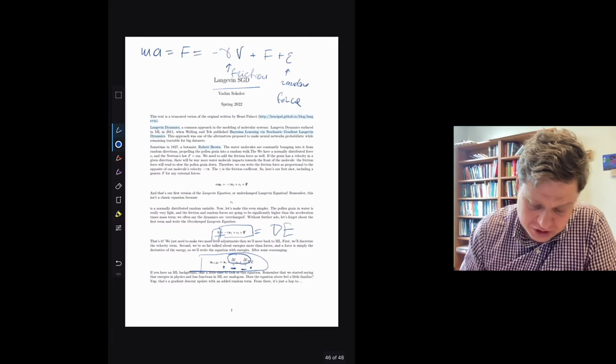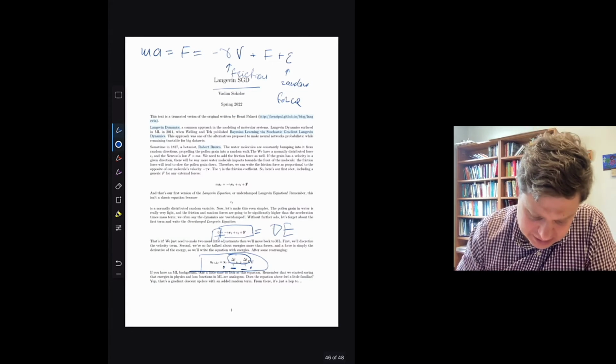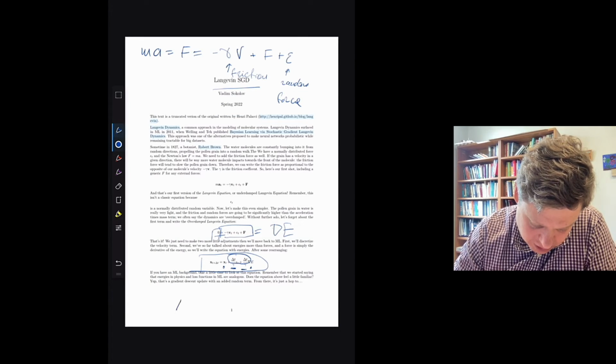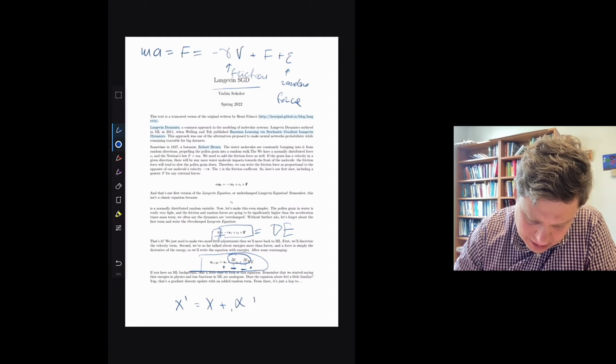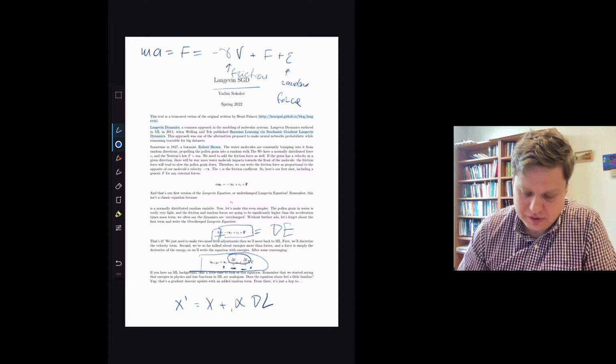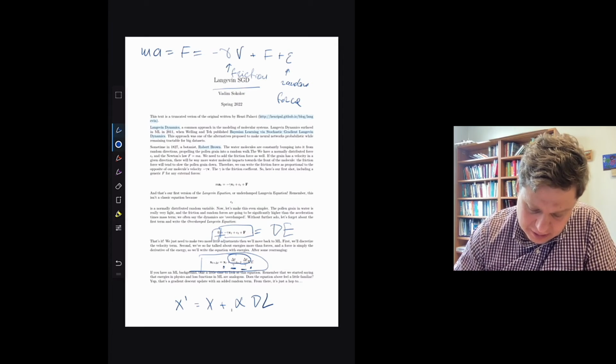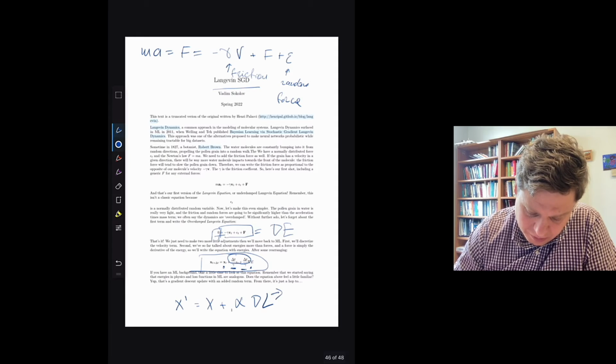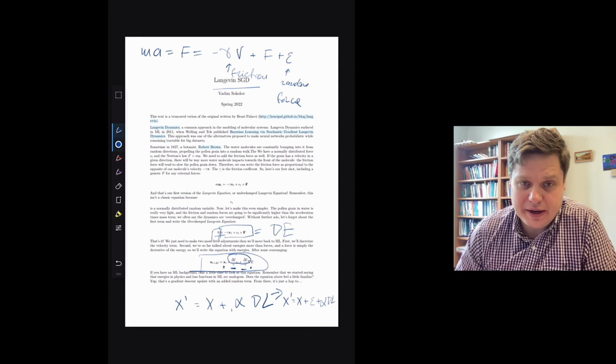If you look at this equation, it's actually very similar to your gradient descent. You remember in gradient descent, your next iterate is your current iterate plus some learning rate times the gradient of the loss function. And in the Langevin dynamics, the next theta equals the current theta plus some random number plus the step in the gradient direction.